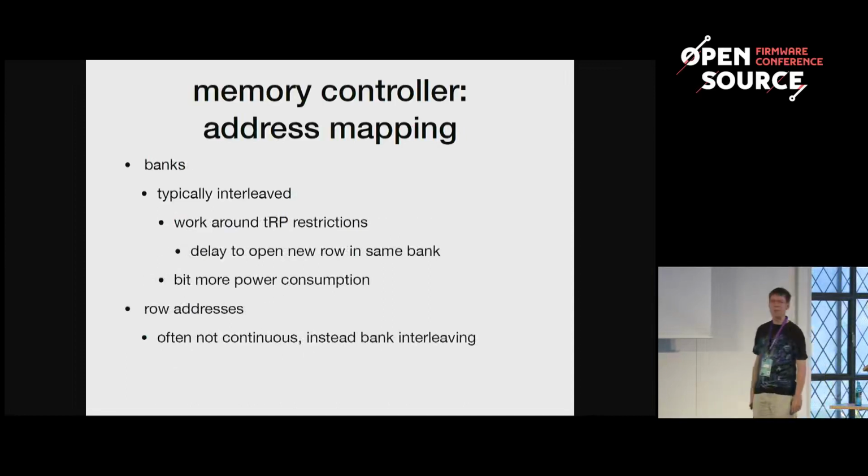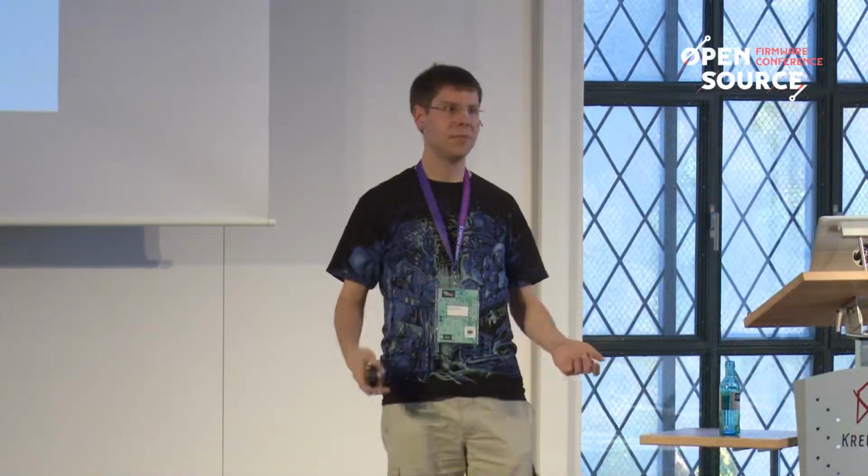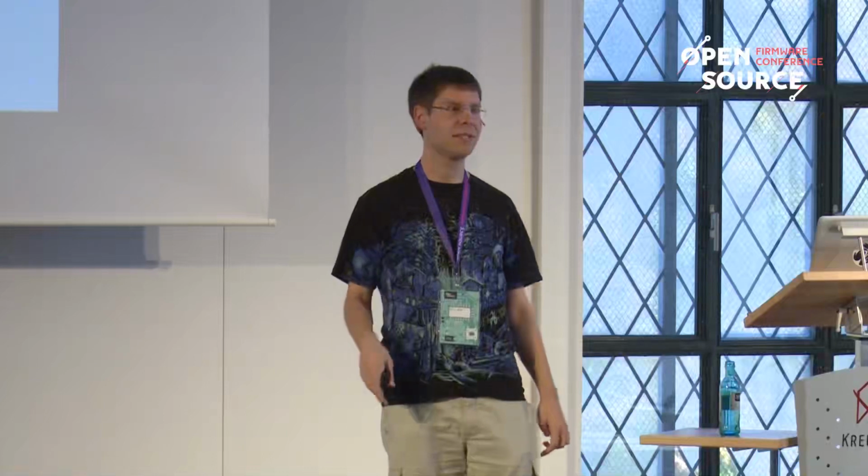Then we have the banks, basically the 8 different sets of the memory arrays. And those are typically mapped interleaved. So basically when you finish reading one row, you want to read the next row from a different bank, because then you can open that row before closing the row that you're currently reading.